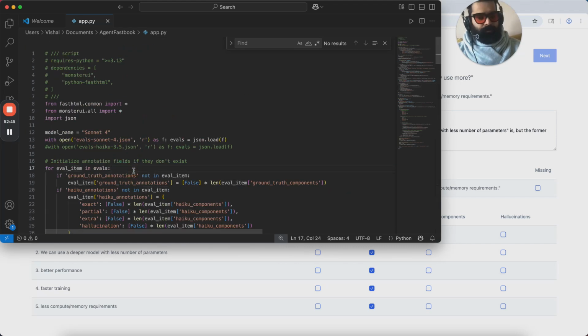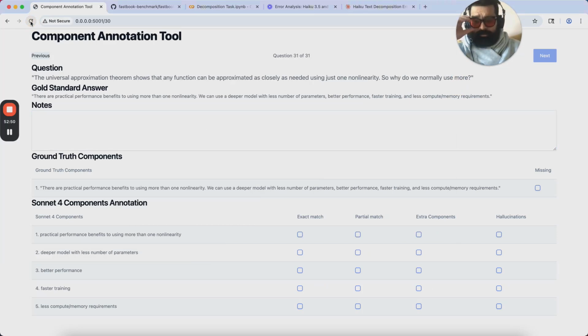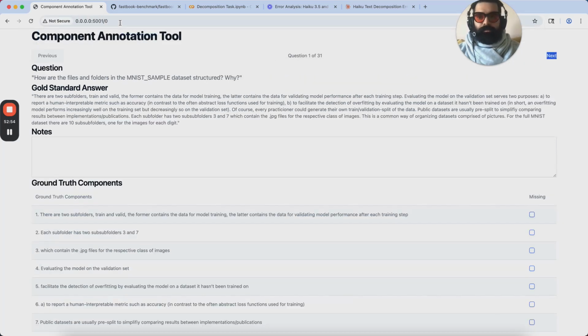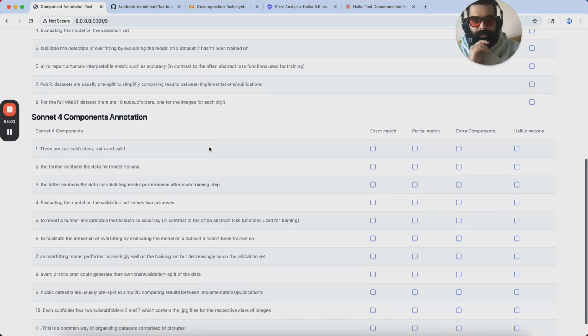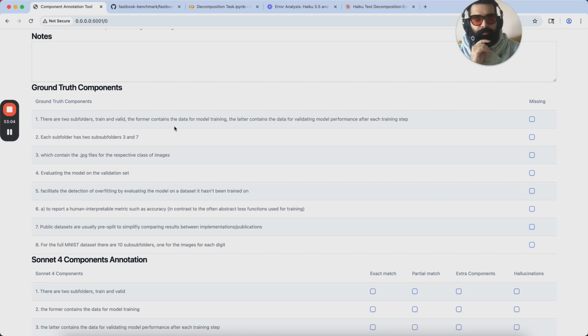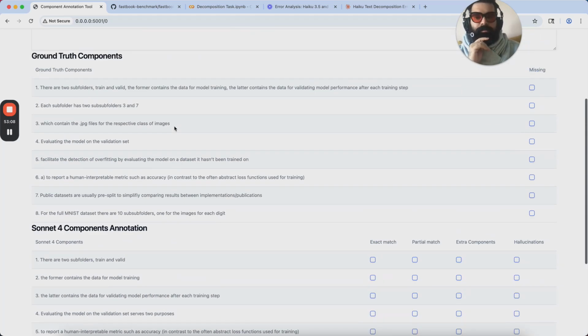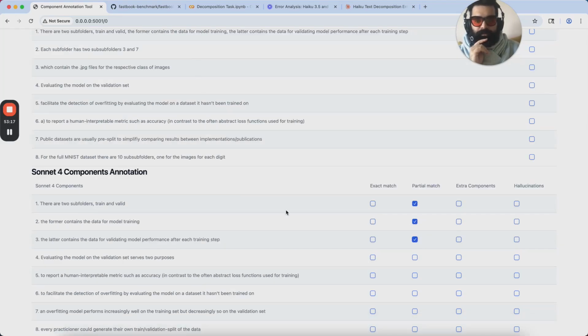All right. So let's see if this works. Let's reload this. All right. And let's go to, I think 0, right? Yeah. And let's start scoring these. So I have 8 ground truth components, and I have 12 Sonnet components. It did partial matches here. Evaluating the model, partial match.